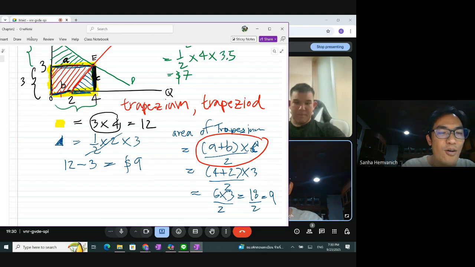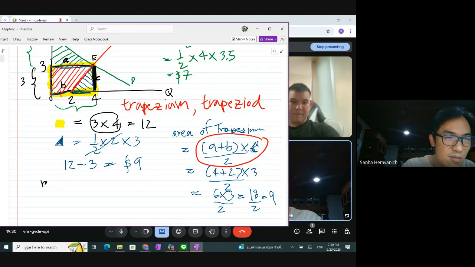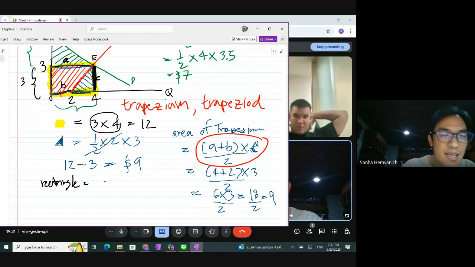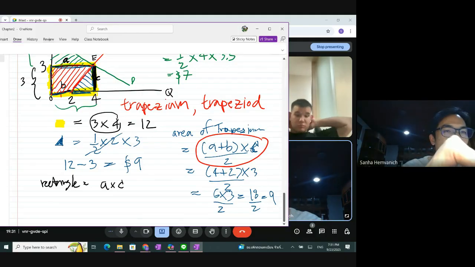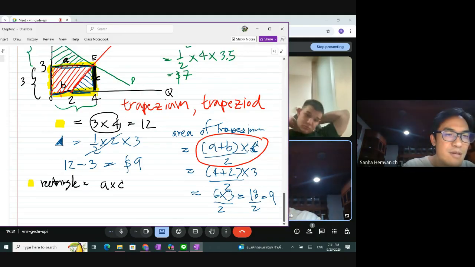So the rectangle is just A times C. Okay? So that is, again, the yellow rectangle.